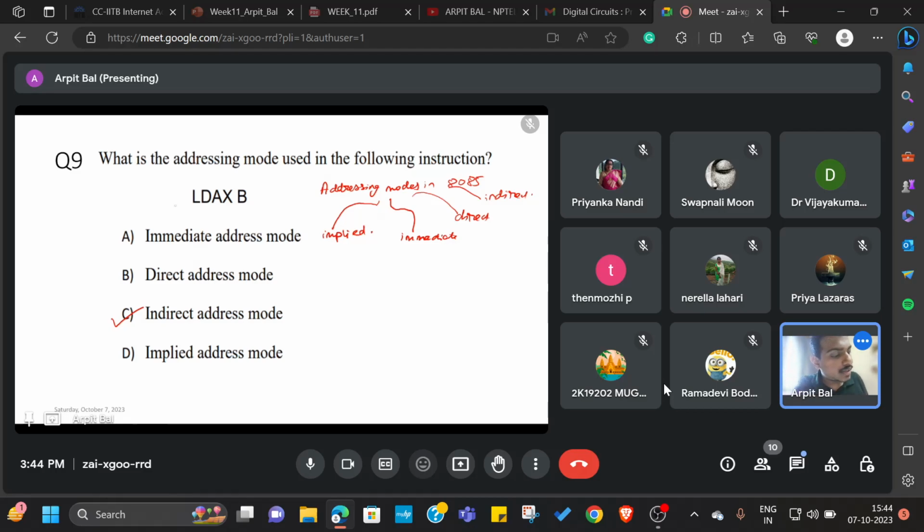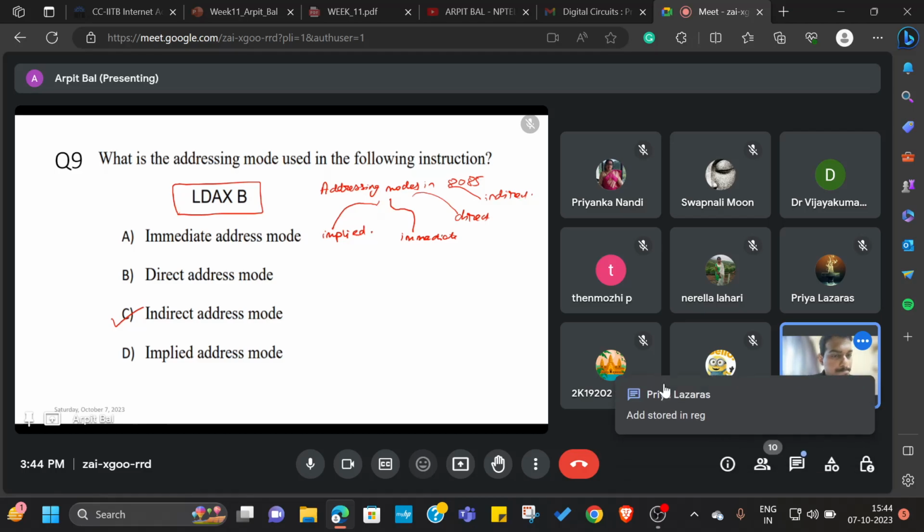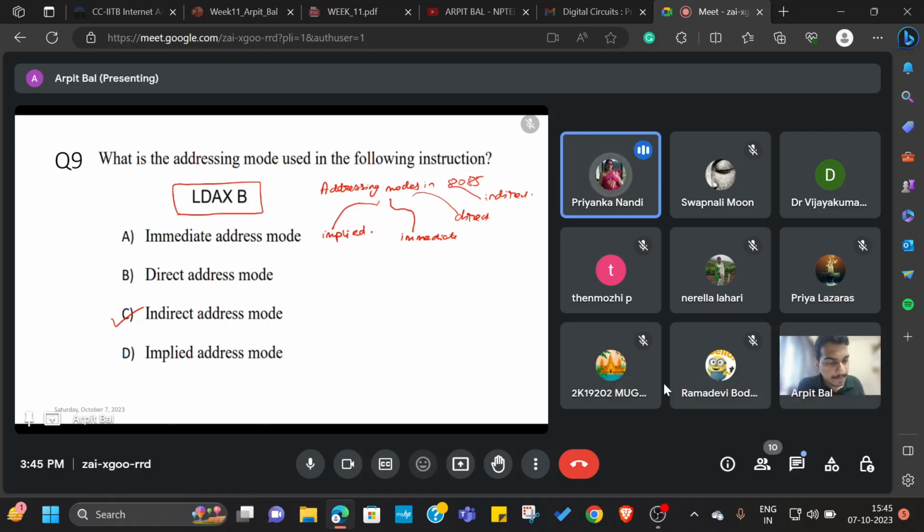When it is said LDAX B, what does it mean? It means the address which is stored in the BC pair, the content of that address will be loaded to the accumulator.